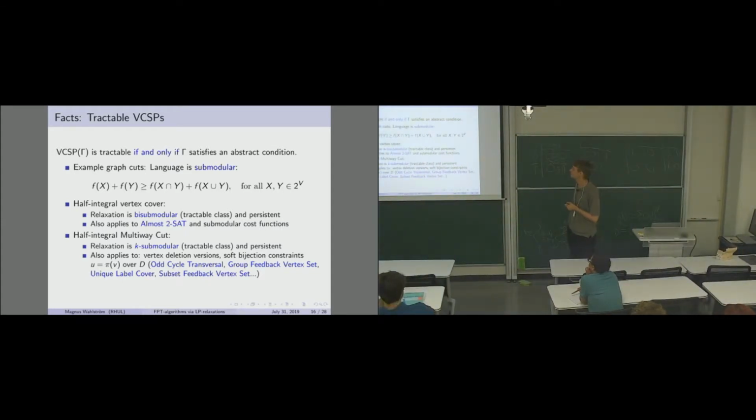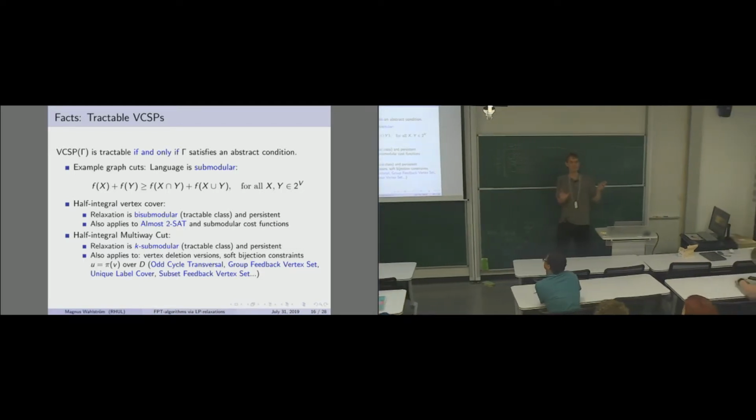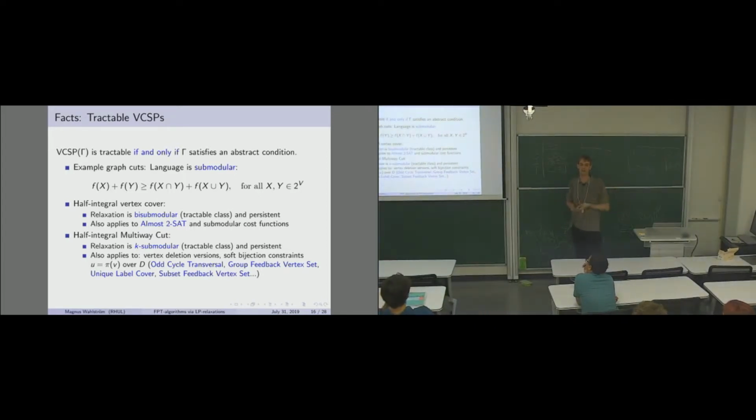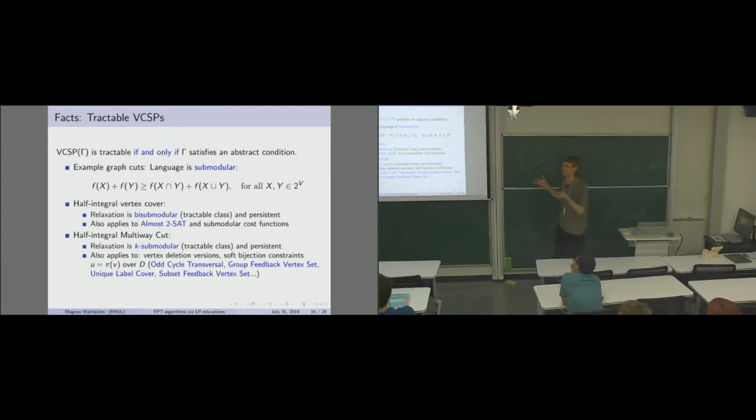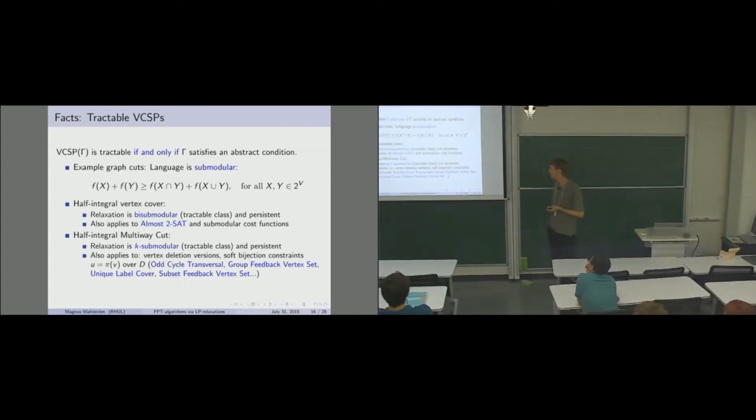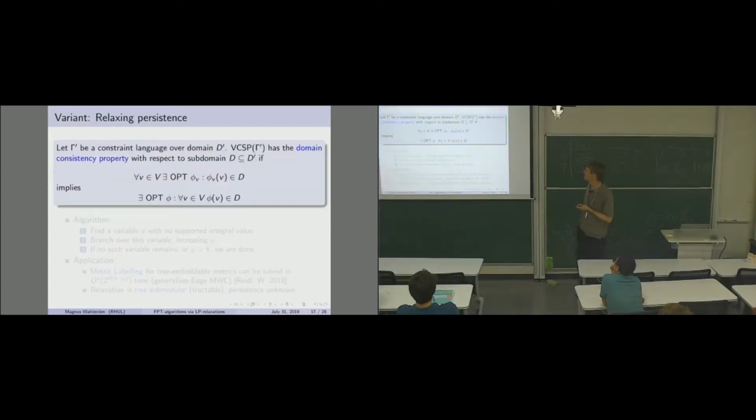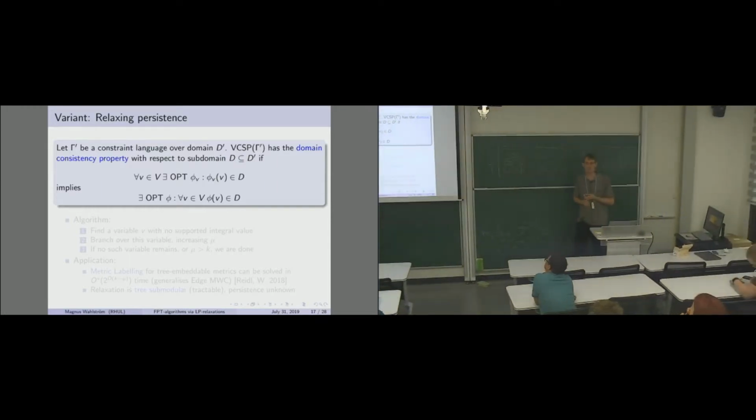And this is still all about this specific property, persistence, that just takes this property that happened to work for vertex cover and multi-way cut and runs with it into larger domains. There is a weaker condition that still allows you to build an algorithm.